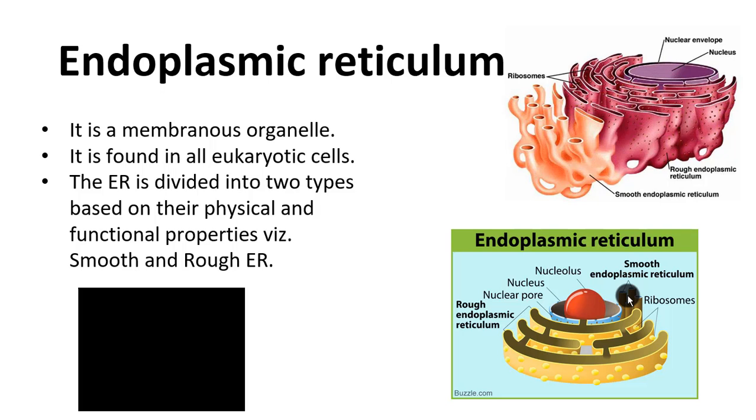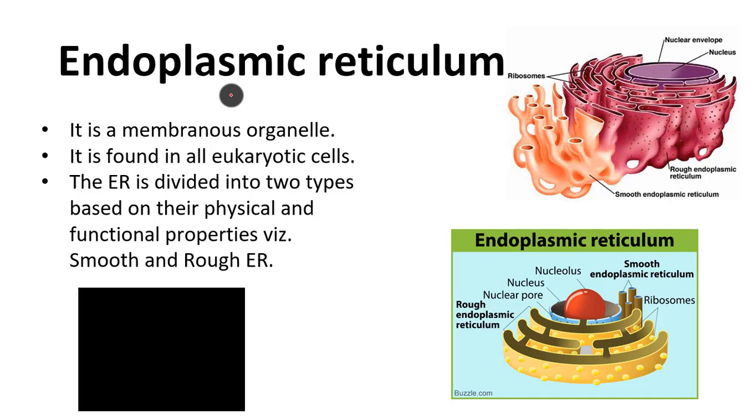Then proteins are manufactured in the second cell organelle, that is the endoplasmic reticulum, and finally they are packed so that they go to the specific part of the cell, and that is done by the Golgi apparatus. Please remember this analogy, which will help you understand the function of the three different cell organelles very nicely.